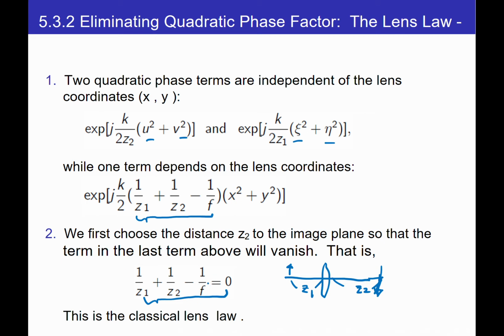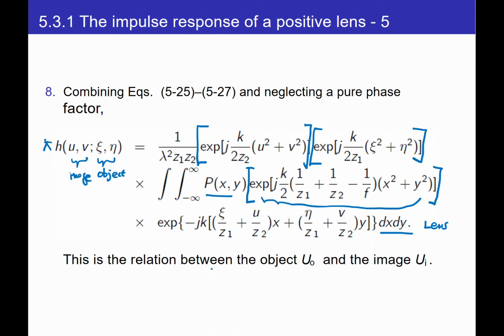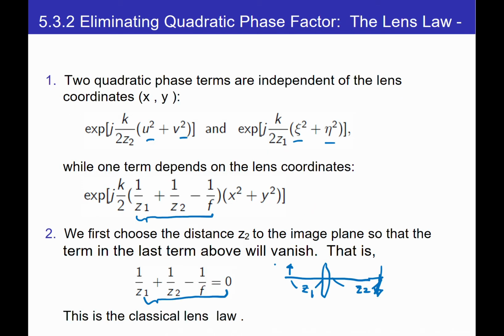By choosing the lensmaker's law, we actually get the optimal point spread function, or impulse response. If we have this term surviving, it is going to be very messy. So the lensmaker's law will simplify the calculations, and that means it will give a clear image. This term will vanish if we choose this one. This is the lensmaker's law.